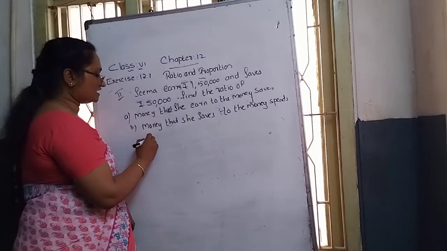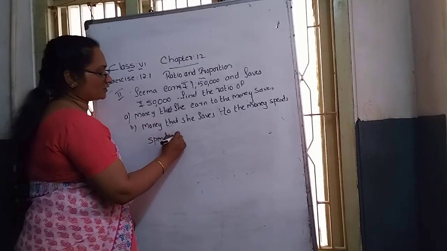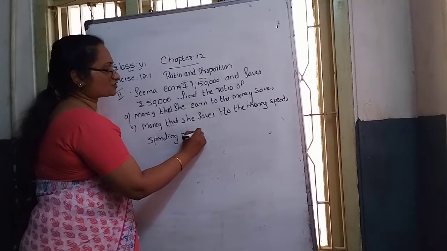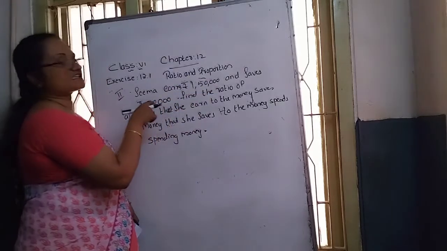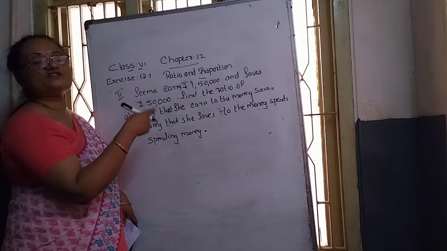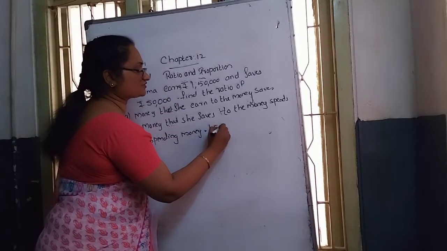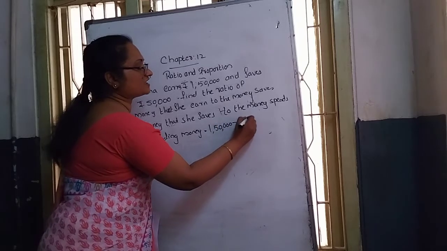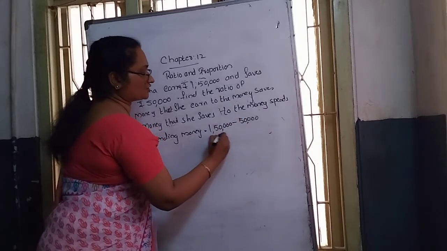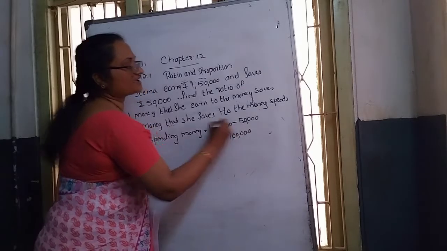To find it, the total amount is subtracted by the saving amount: 1,50,000 minus 50,000. After subtracting, we get 1 lakh as the spending amount.